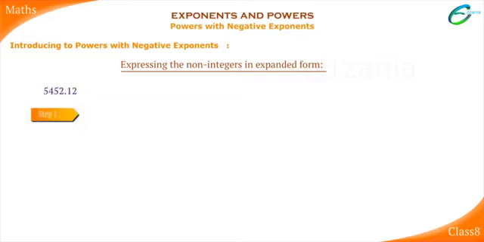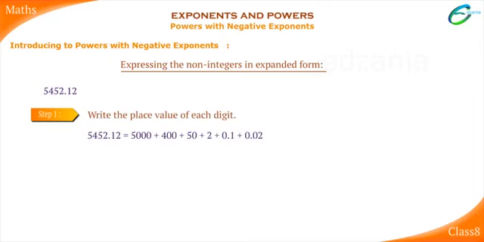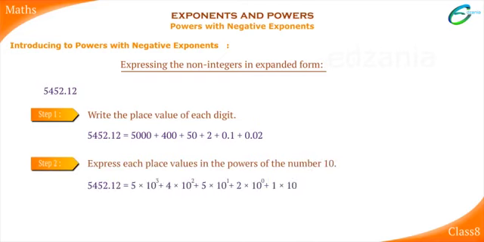To express 5452.12 in the expanded form, let us first write the place value of each digit. Now express each place value in the powers of the number 10. Hence we get the expanded form of the non-integer 5452.12.